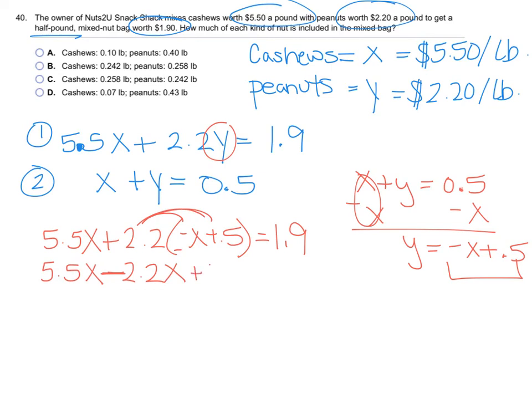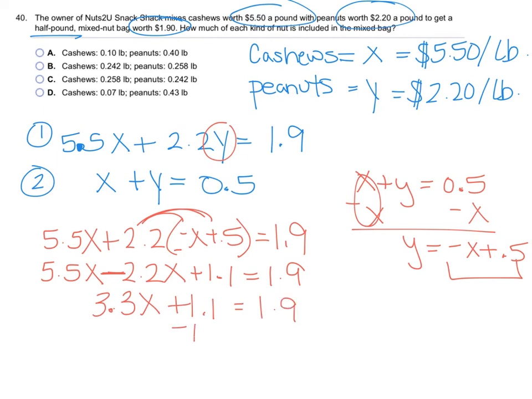And this is a positive 1.1. Now I'll combine like terms on the left side of my equation. I have a positive 5.5x and a negative 2.2x. So 5.5 minus 2.2 gives me a positive 3.3x. And I still have that plus 1.1 on this side. And then that equals a 1.9.